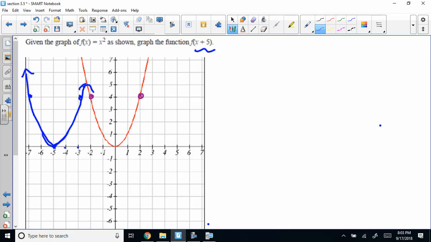I found where it crossed, and it was 2 away from here, and it was 4 up, so I went 2 away, 4 up, 2 away, 4 up, right? That has to hold true, because all I'm doing is taking it and moving it to the left 5 spots. Correct?